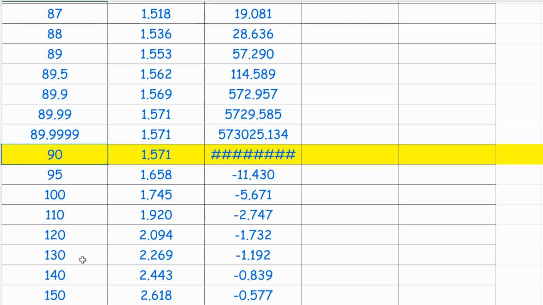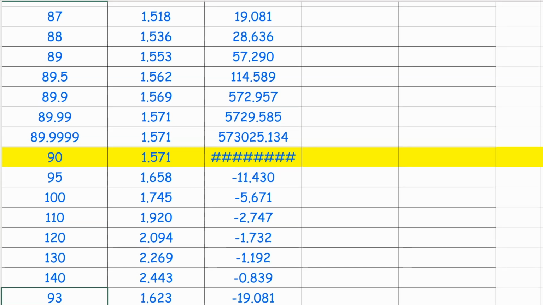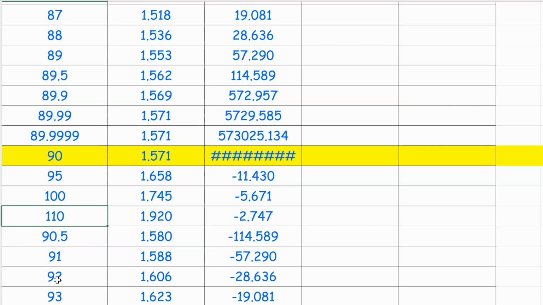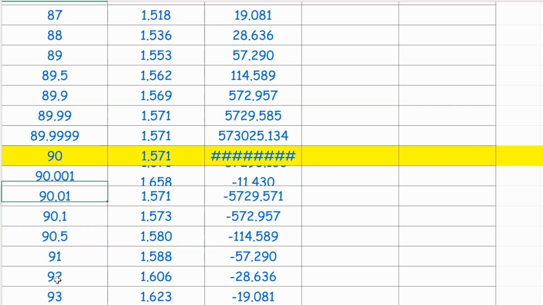On the other side, if we take this and now we go from above, 93, and then 92, 91, 90.5, as we approach 90 from that other side there, 90.1, 90.01, 90.001.